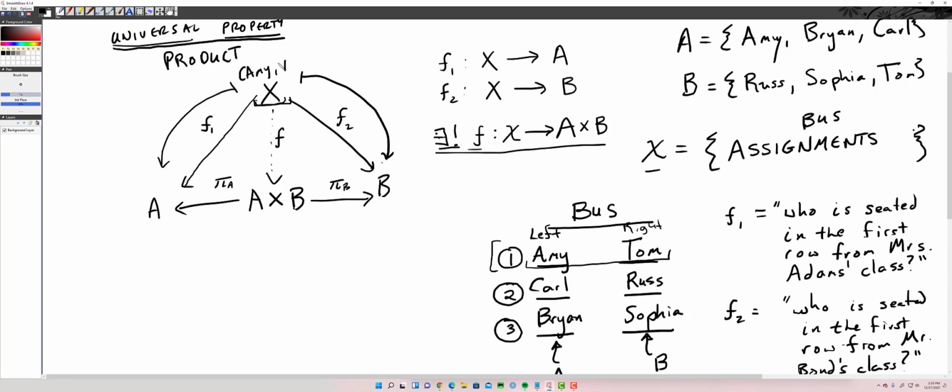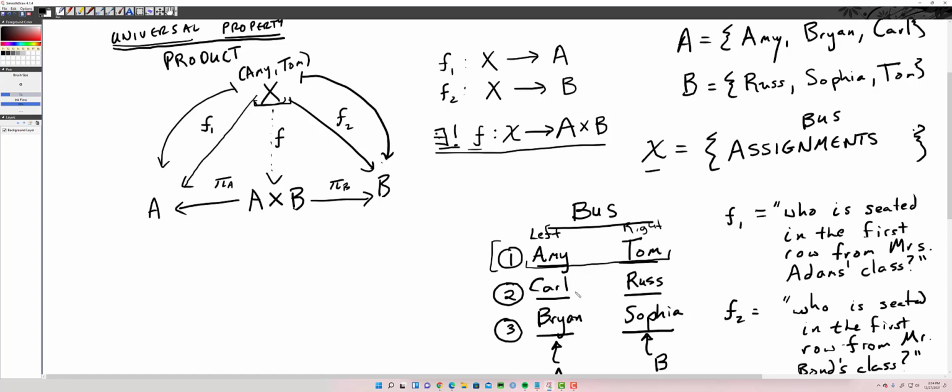And you'll see very quickly I'm not saying anything new. But when I have my pair here, these are the people who are in the first row. I can see that F is taking whoever's in the first row and calling out the person who's in Mrs. Adams' class.